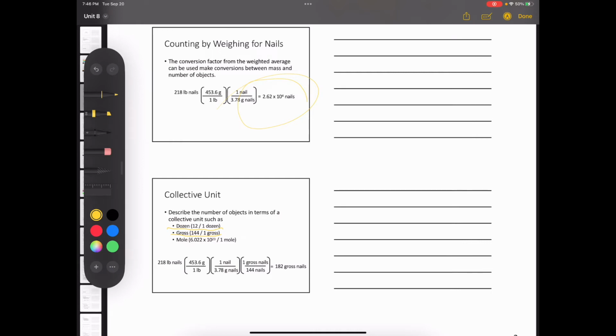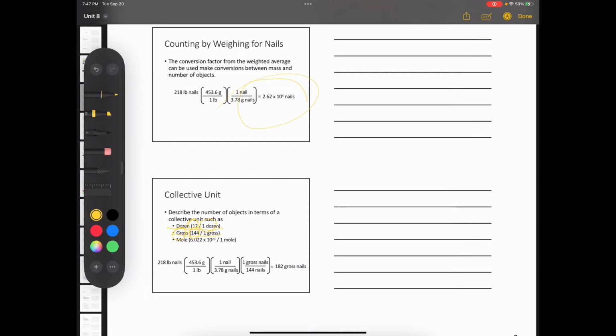So, for example, we use a 12 to represent 1 dozen. So, in every 1 dozen, there are 12 units. Or we use a gross to represent 144 units. So, in every 1 gross, that is 144 units.